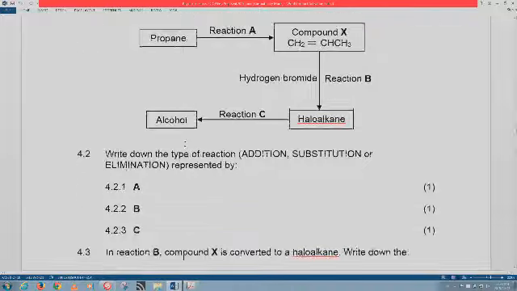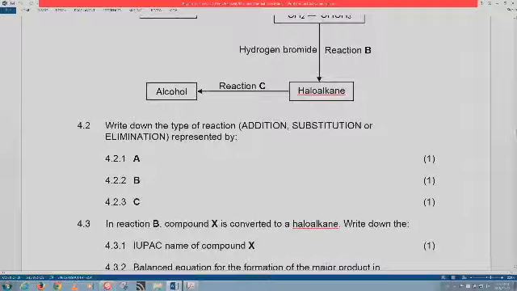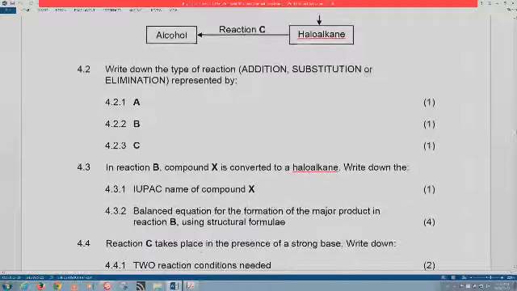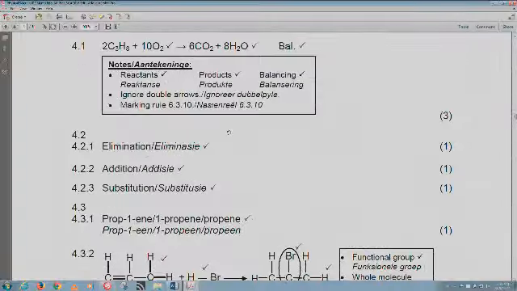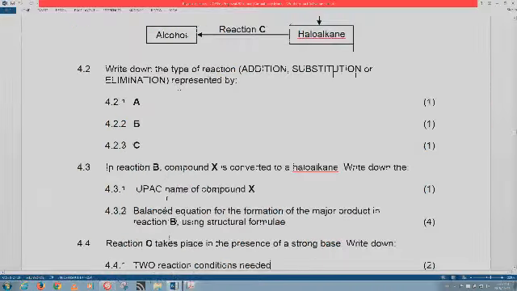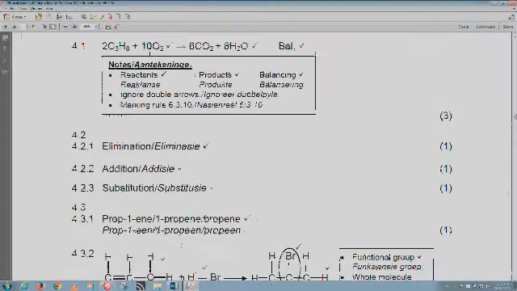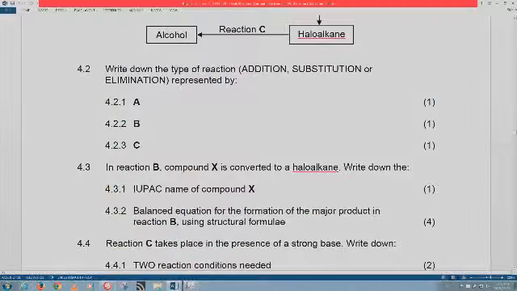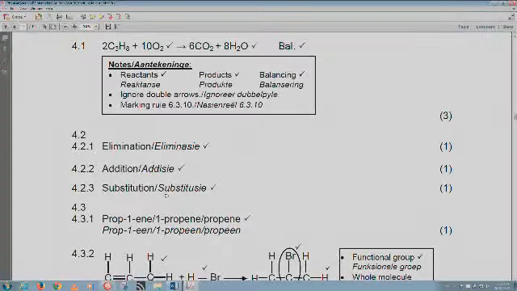Now for 4.2, write down the type of reaction. Choose between addition, substitution, or elimination, represented by 4.2.1. It is A there. So A there for 1 mark, it is elimination. 1 mark. And then 4.2.2 for reaction B there. Type of reaction for B, it is addition reaction, and the type of reaction for C there in 4.2.3, it is substitution reaction.